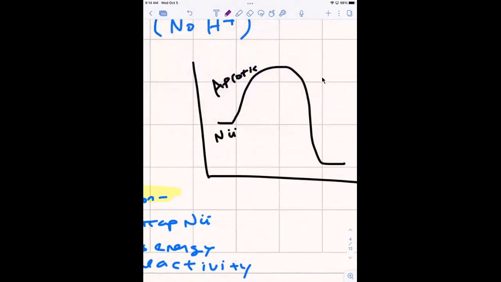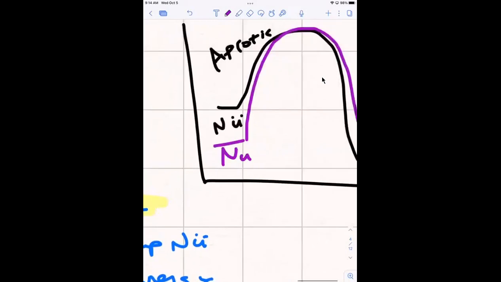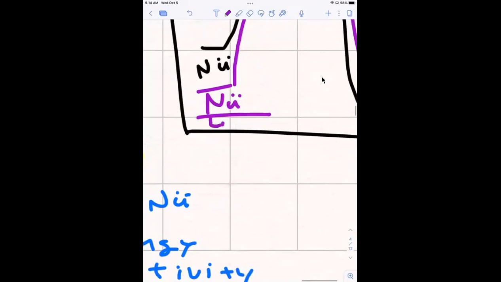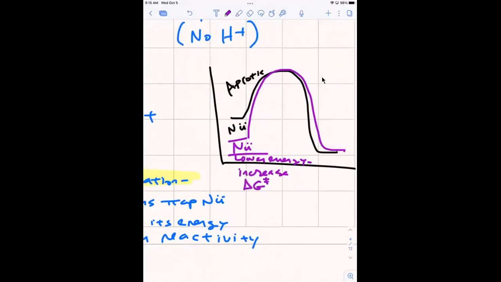That nucleophile energy is going to be here, and it's going to take longer to get to that transition state. Right, so that nucleophile is lower in energy. And that means you're going to increase activation energy. Because you can see right away, if we are, let me move this.